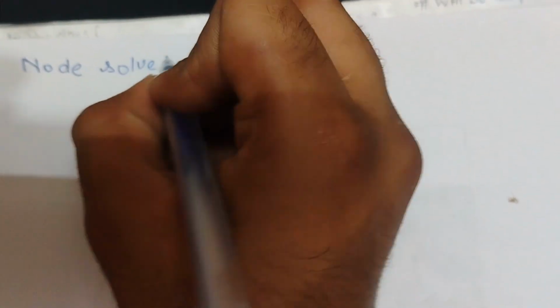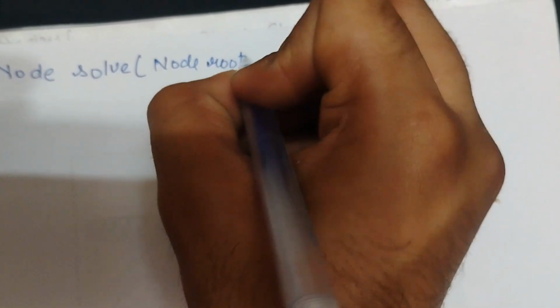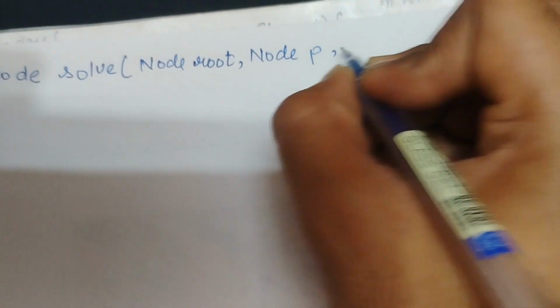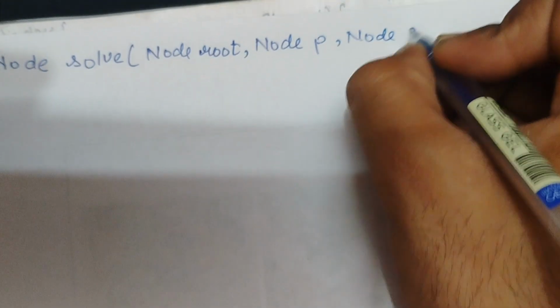Let us name the function solve, and it has three parameters as I told. The first is the root of the tree, and the other two are, let us say, P and Q, the two nodes for which I have to find the LCA.